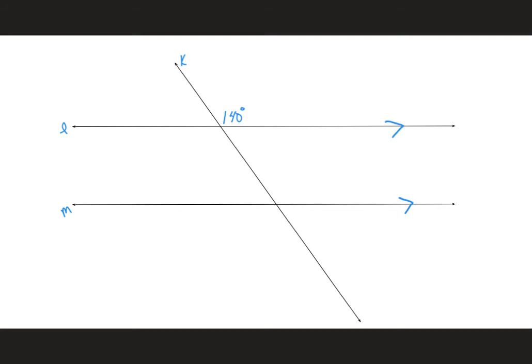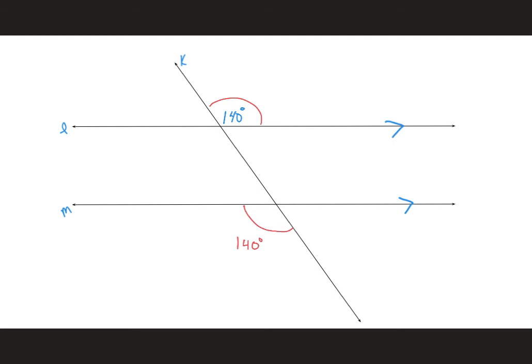Because of alternate exterior, since they're outside the parallel lines and on alternate sides of the transversal, the other angle also has to be 140 degrees.